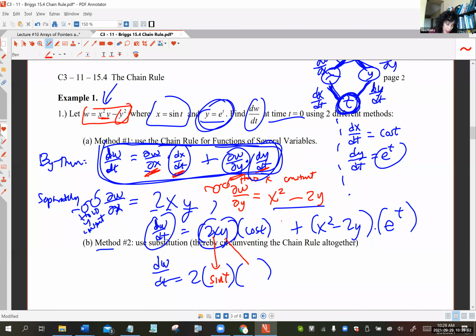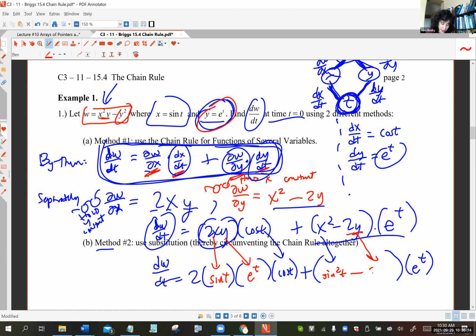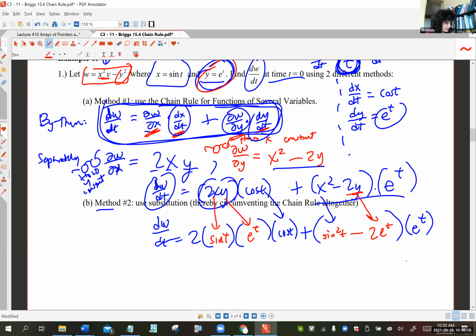And then the y, remember, was e to the t, and then you still have the factor of cosine t in there. Plus, and then this second term here, make sure you do all your substitutions. So x squared for us is going to be sine squared t minus 2y is 2e to the t. And let's clean this mess up a little bit.